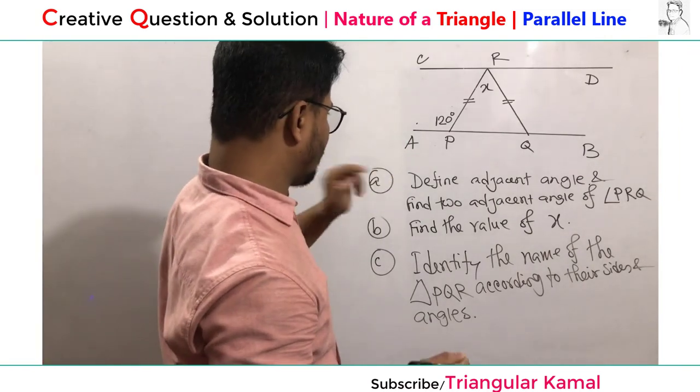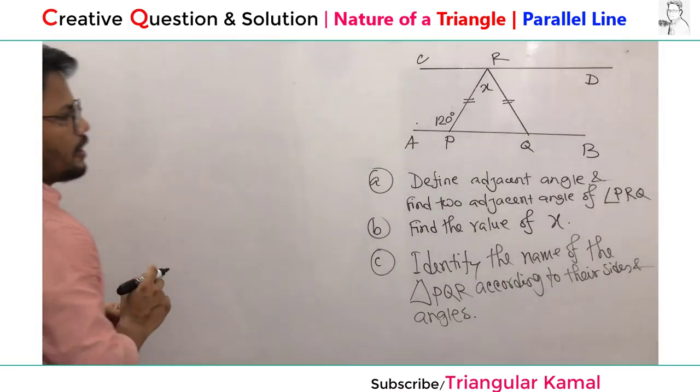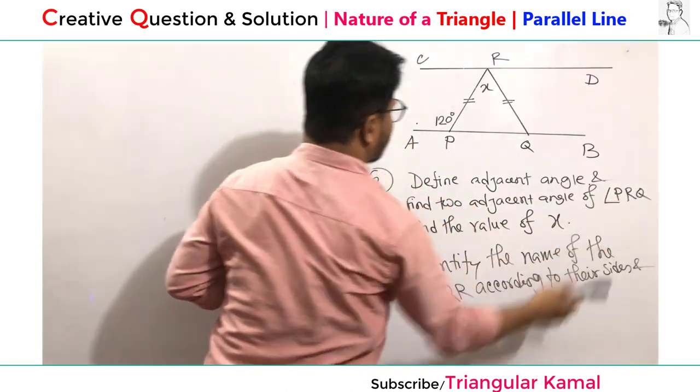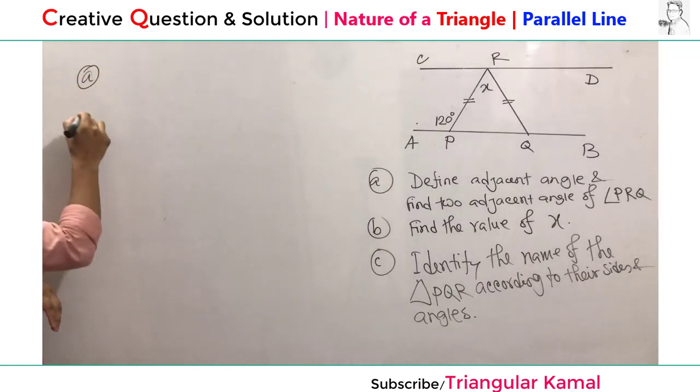First question, define adjacent angle and find two adjacent angles of PRQ. We can write the solution here.